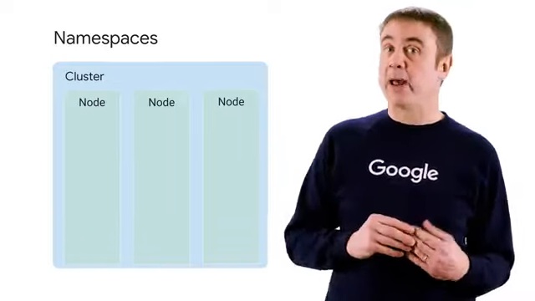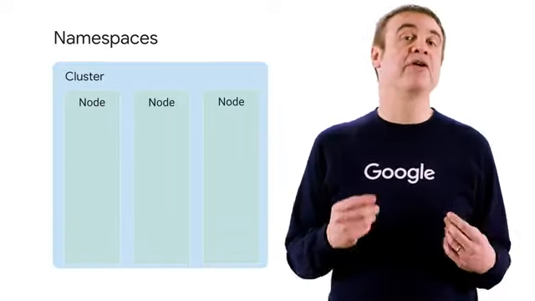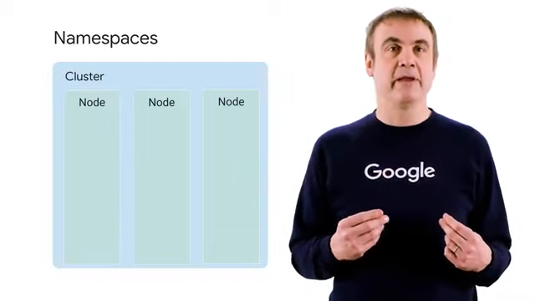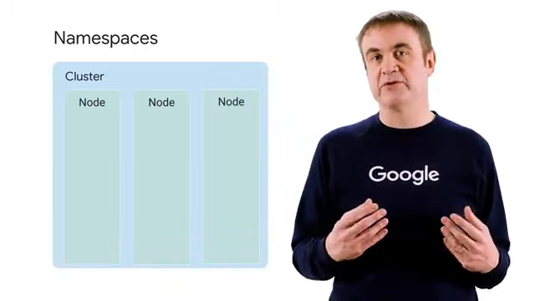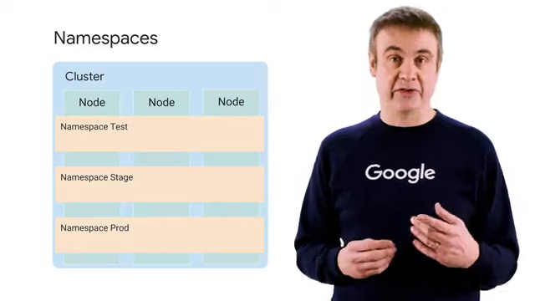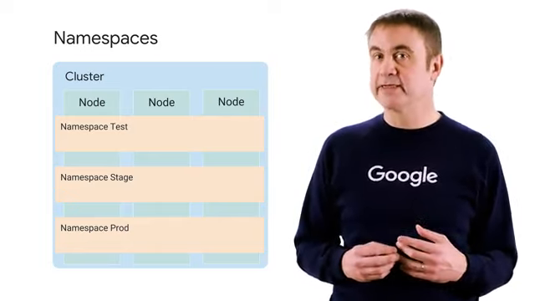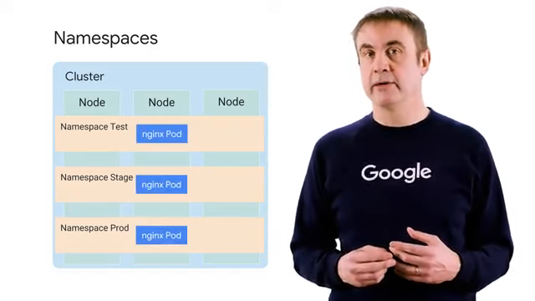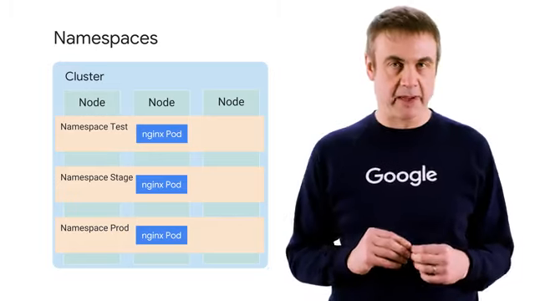Kubernetes allows you to abstract a single physical cluster into multiple clusters known as namespaces. Namespaces provide scope for naming resources such as pods, deployments, and controllers. As you can see in this example, there are 3 namespaces in this cluster: test, stage, and prod. Remember that you cannot have duplicate object names in the same namespace.